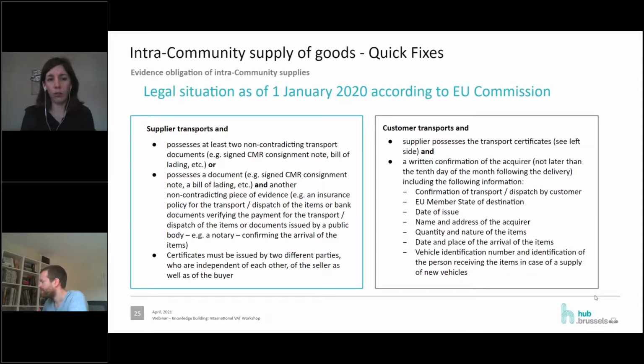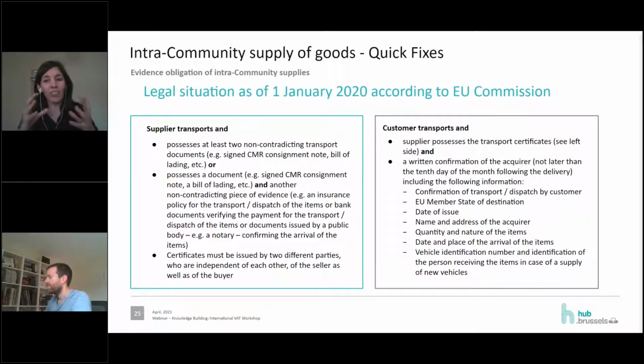These are indeed a presumption, but of course the Belgian VAT authorities decided that the old rule, so having a set of documents demonstrating this transfer from Belgium to another EU country, is sufficient. So not only one document, this is very important. Not only one document is sufficient to demonstrate the transport, but really a set of documents.